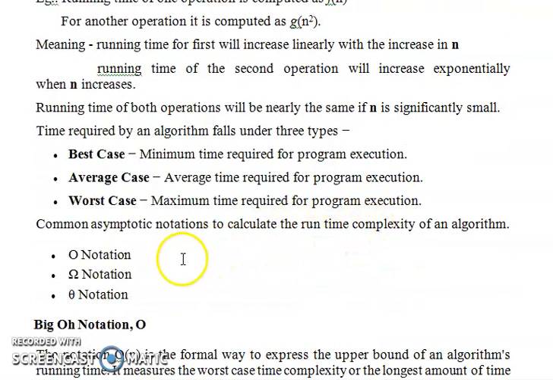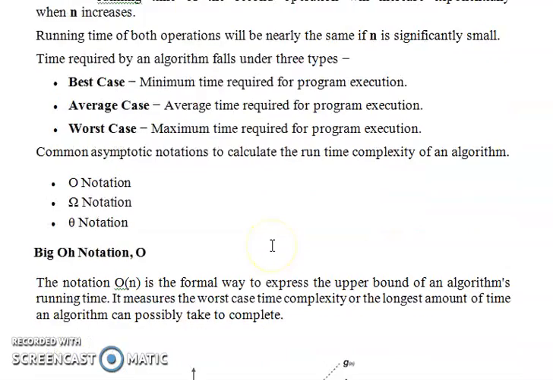Normally we use 3 types of notations for asymptotic analysis. They are the big O notation, omega notation, and theta notation.